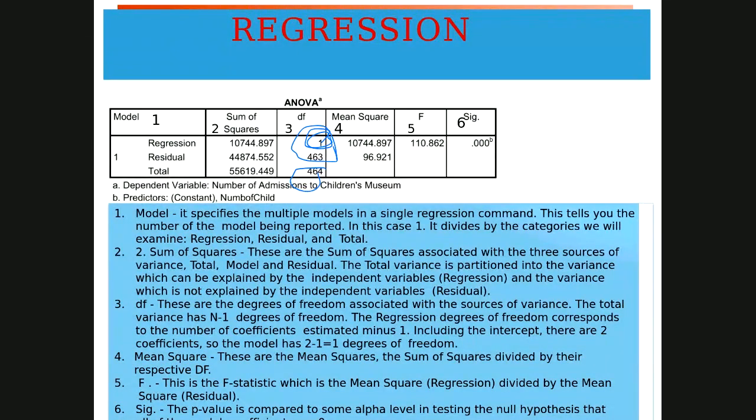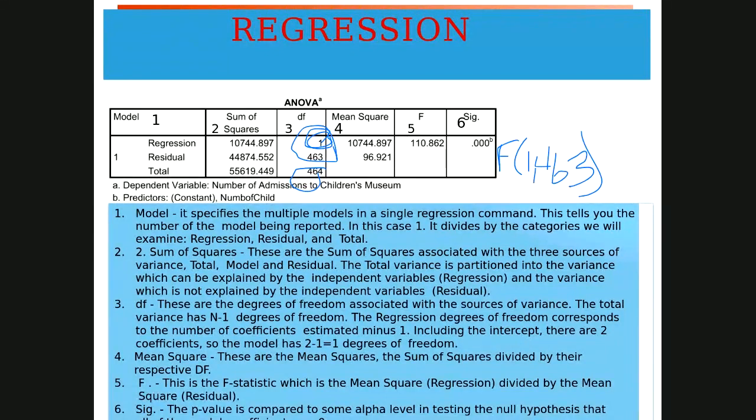I'm sorry, having difficulty speaking right now. And then the second degrees of freedom is the denominator degrees of freedom. So in this case, the degrees of freedom would look like 1,463. And that would be after we use our statistical abbreviation of F.